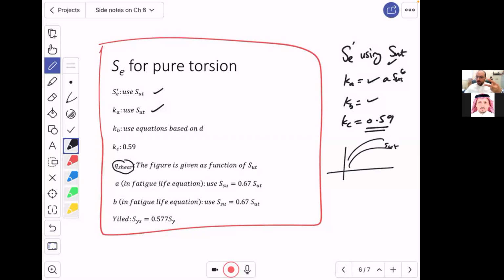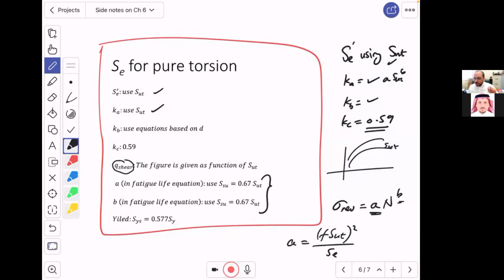What you need to worry about are A and B, for the equation sigma reverse equals A n to the power B. A equals what? F SUT squared divided by SE.